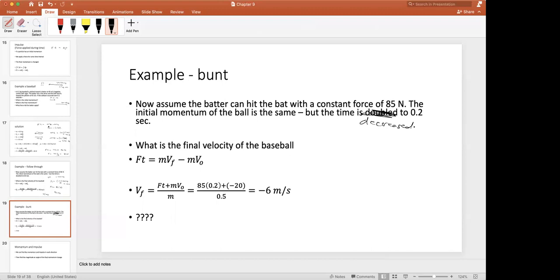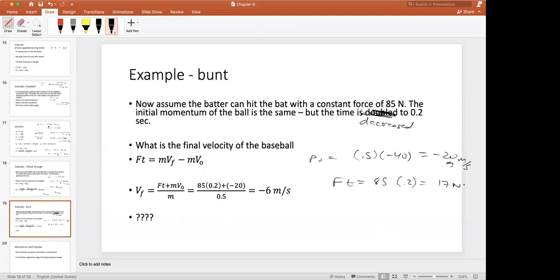What is the final velocity now? And so again, our initial was 0.5 times minus 40, so minus 20 kilogram meters per second. And now our force times time is 85 times 0.2. If I multiply that, that's 170 times 0.1, which is 17.